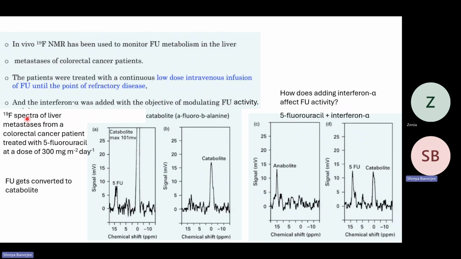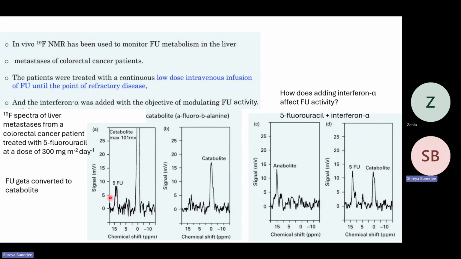So from the 19F spectra of liver metastasis of the patient who was treated with this fluorouracil drug at a dose of 300 milligram per day, the NMR was studied. This fluorouracil is getting converted into a catabolite. This is A-fluoro-B-alanine.